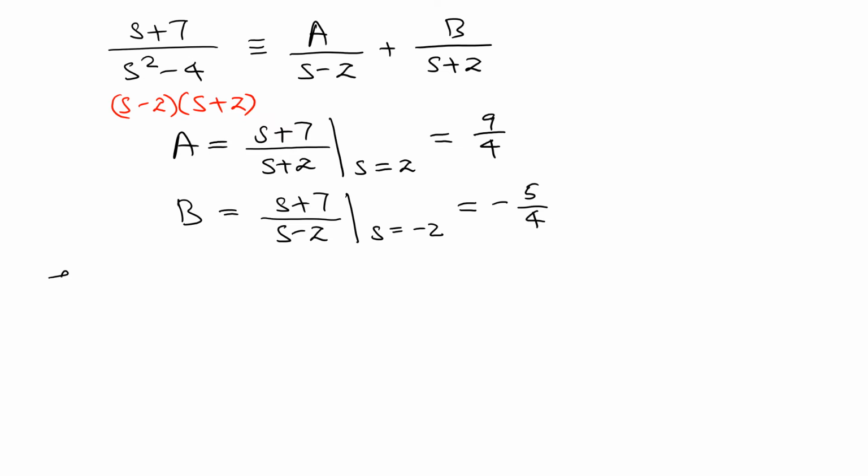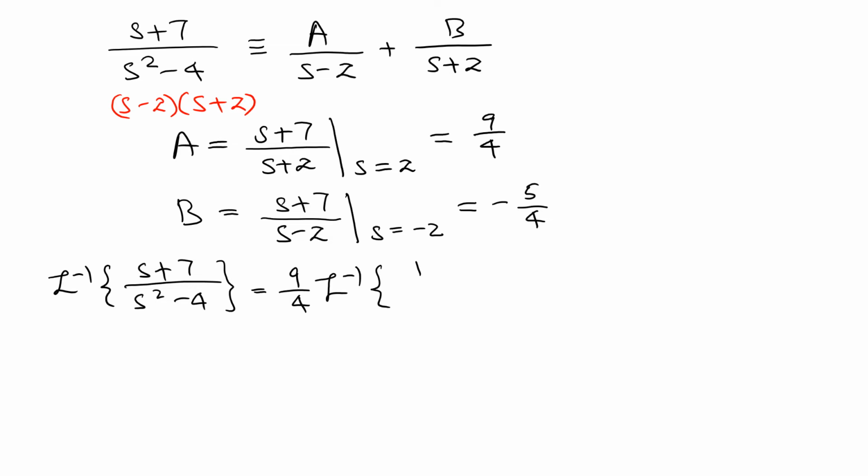So we can write this one as L inverse of (s + 7)/(s² − 4). We can write this with the coefficient 9/4 pulled out, times L inverse of 1/(s − 2), and then minus 5/4 L inverse of 1/(s + 2).